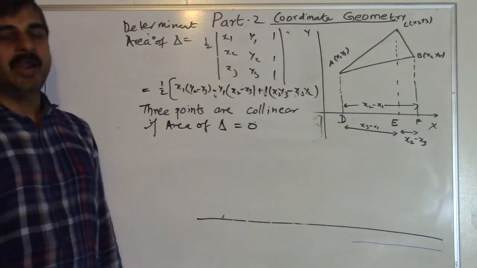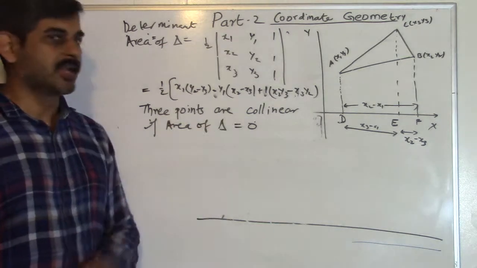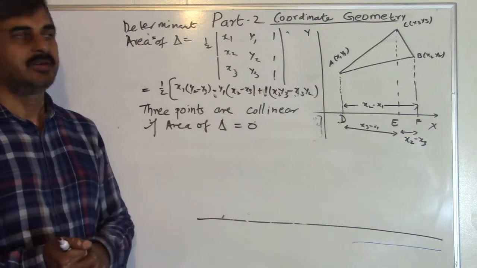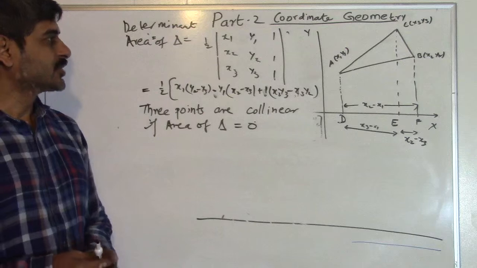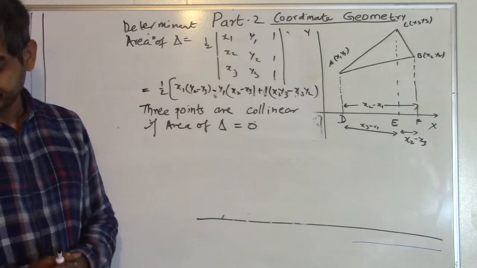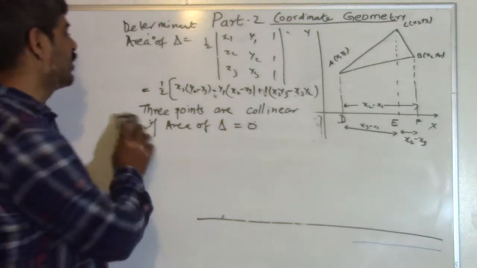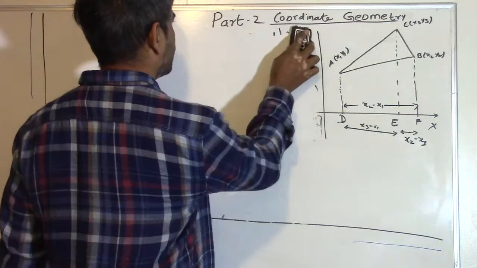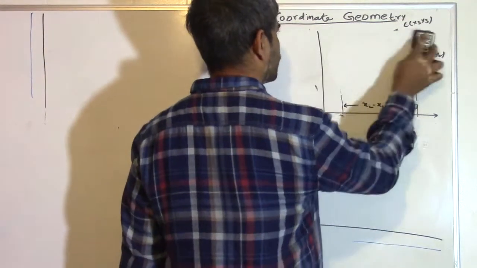To prove that any three given points are collinear, all you need to do is show that the area formed by those three points is 0. There will be some problems based upon that. We will do some more problems that we did not do based upon the point of intersection, and then we'll conclude this.